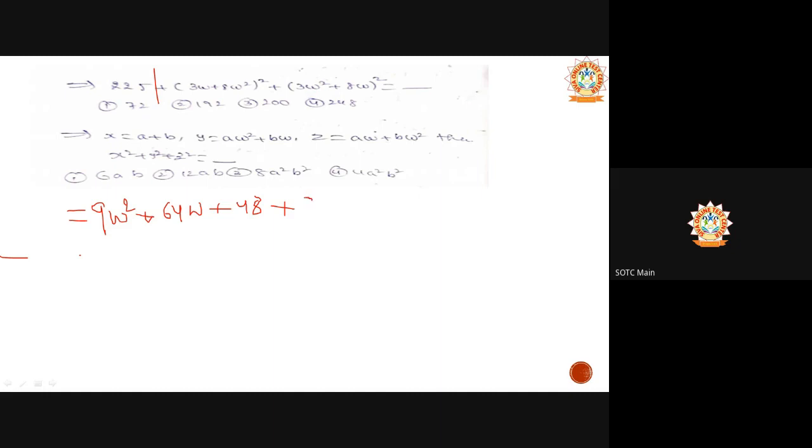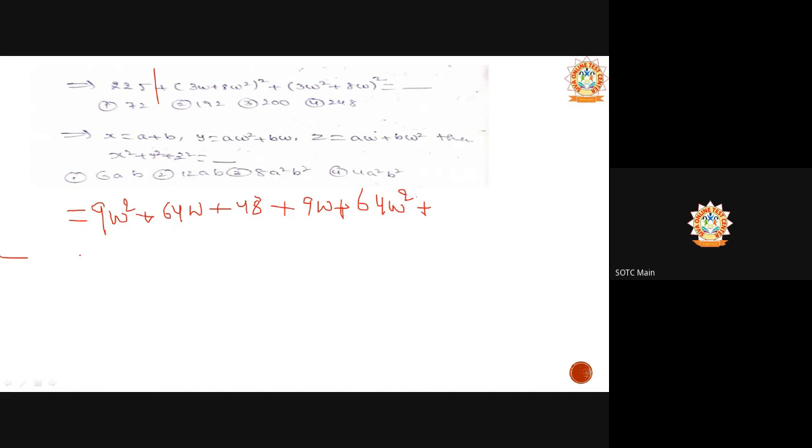Plus. Next, 9 omega square whole square means 9 omega power 4, that is 9 omega, plus 8 omega means 64 omega square. Next, plus 2ab, 2 into 3 into 8, again it is 48 omega cube.